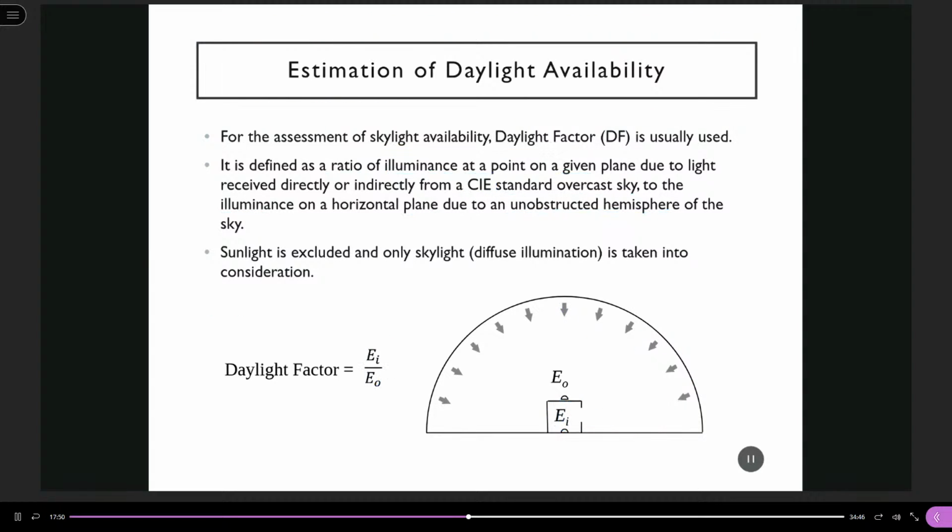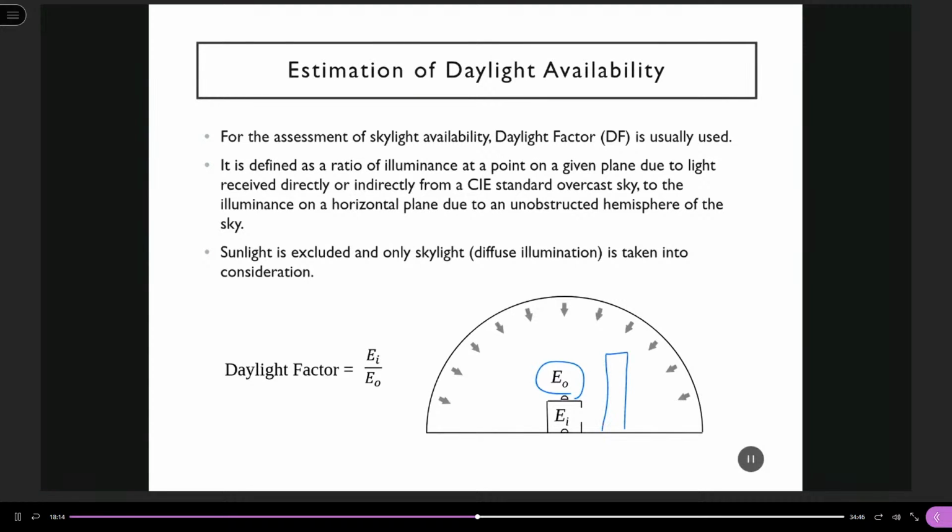So in summary, daylight factor is a ratio of interior to exterior illuminance. And for the exterior illuminance, they are under the unobstructed sky. Okay, no obstruction.